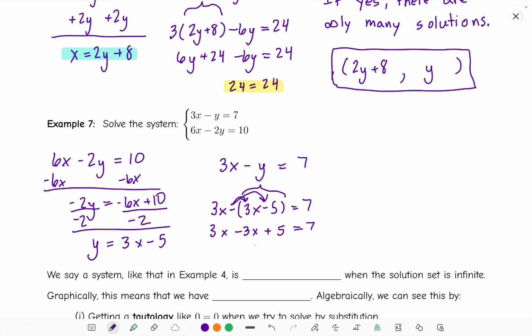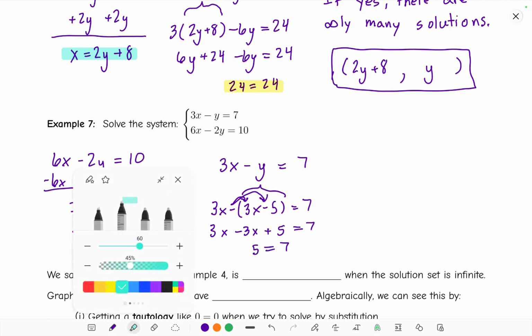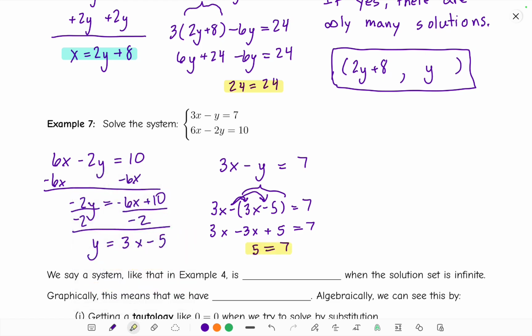Now here, the 3x's cancel out, so everything cancels out again. So then we look at the statement that's left over. Is this true?